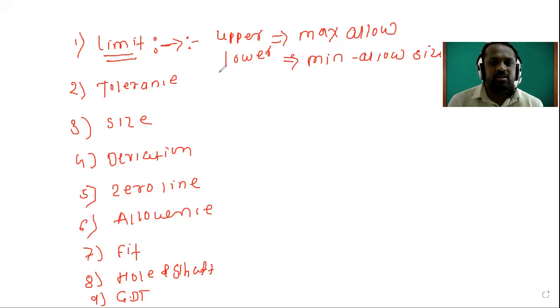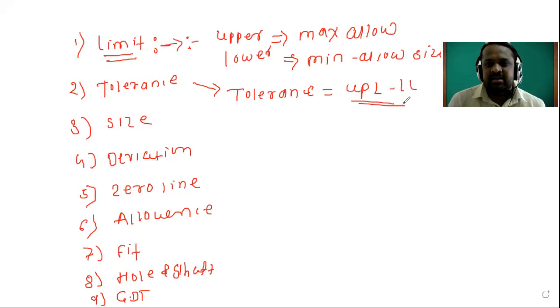Then what is meant by tolerance? Tolerance is the algebraic difference between the upper limit minus the lower limit. Am I right? And the actual meaning of tolerance is the permissible variation in the dimension.